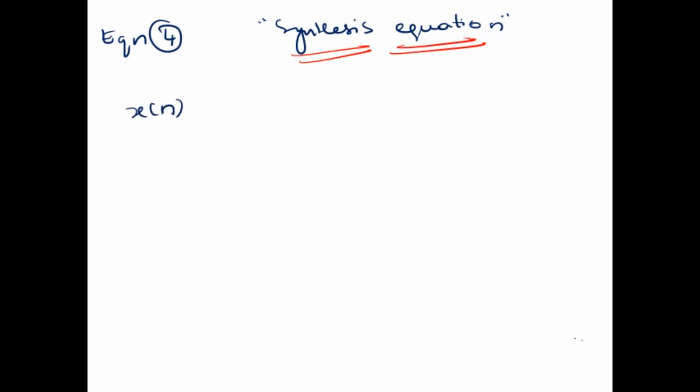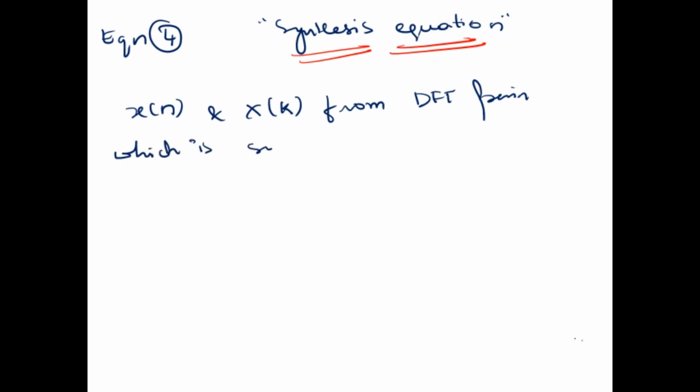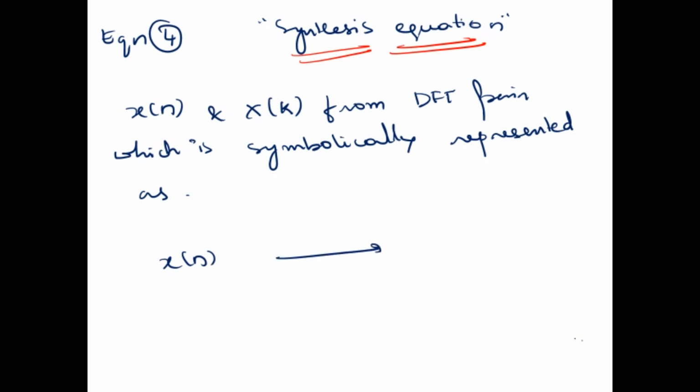Then x of n and X of k form the DFT pair, which is symbolically represented as x of n. If we take N point DFT, we get X of k, or if I take inverse DFT of X of k, we get x of n.